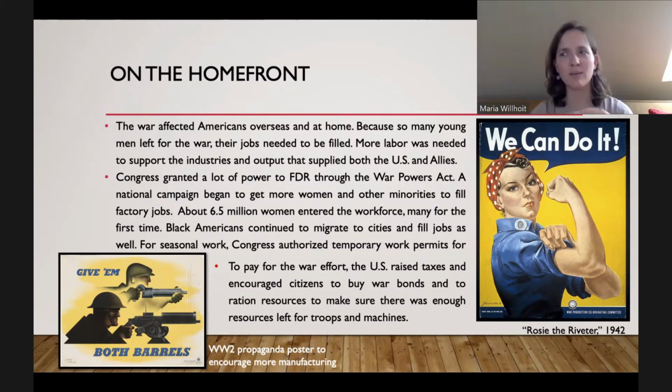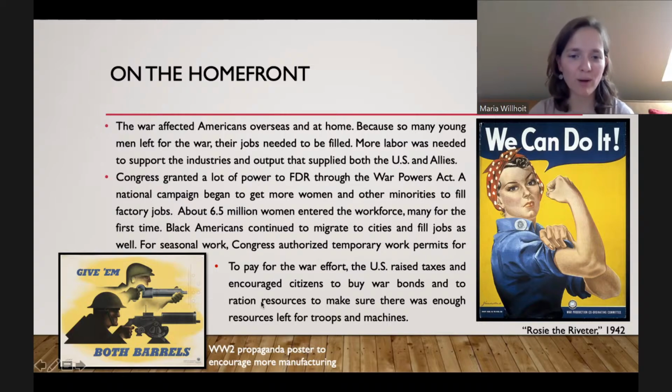A rivet is a type of mechanical tool. I can't quite explain it, but it's a tool. But anyway, here she is. She says, "We can do it." She's raising up her arm, showing her biceps. Women can do this. We can join the fight in our own way.